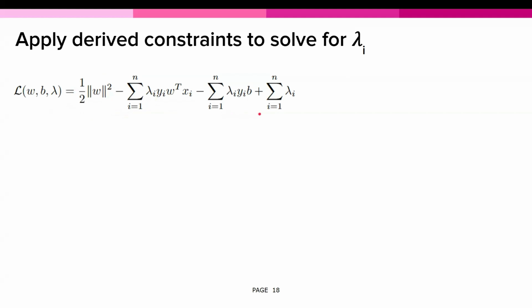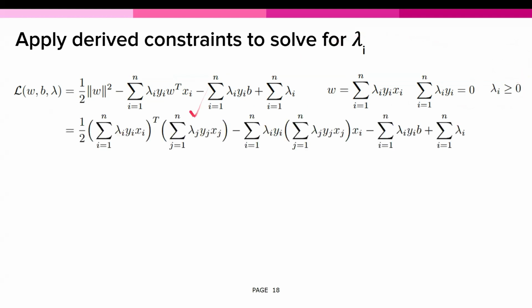We also now have an expression for the weights derived by taking the partial derivative in the last slide. This is the linear combination of the data points weighted by the Lagrange multipliers and their corresponding class labels. We also derived a condition that the sum of the Lagrange multipliers times the class labels must be 0. And we also still have the non-negativity constraint on the Lagrange multipliers.